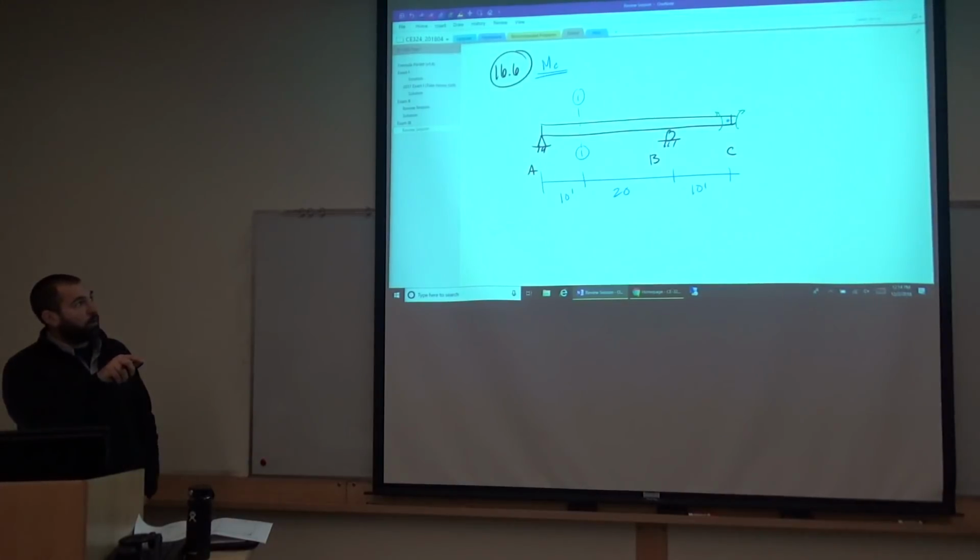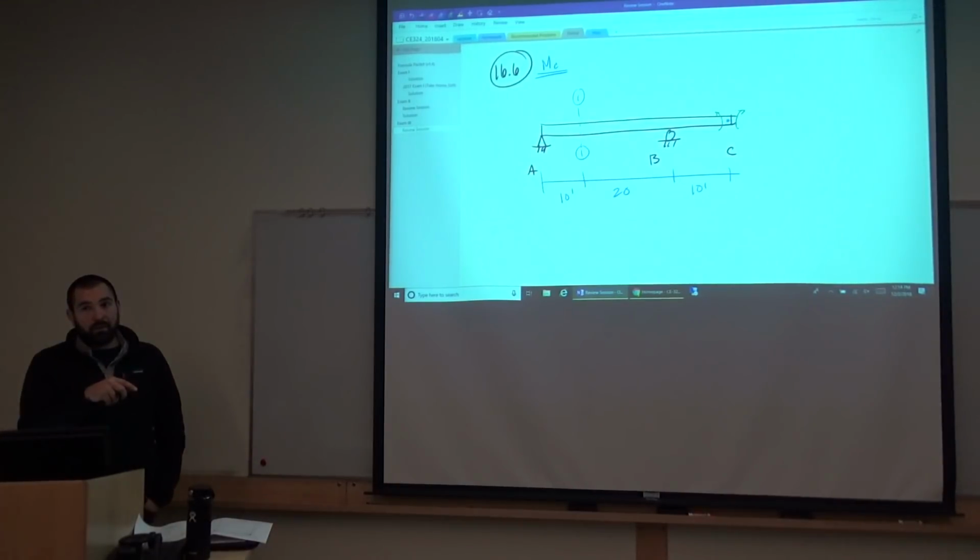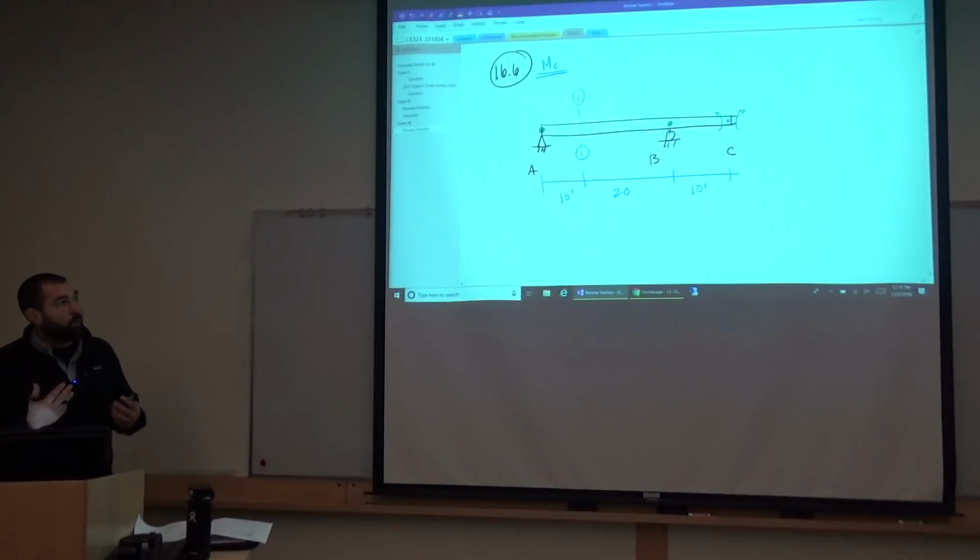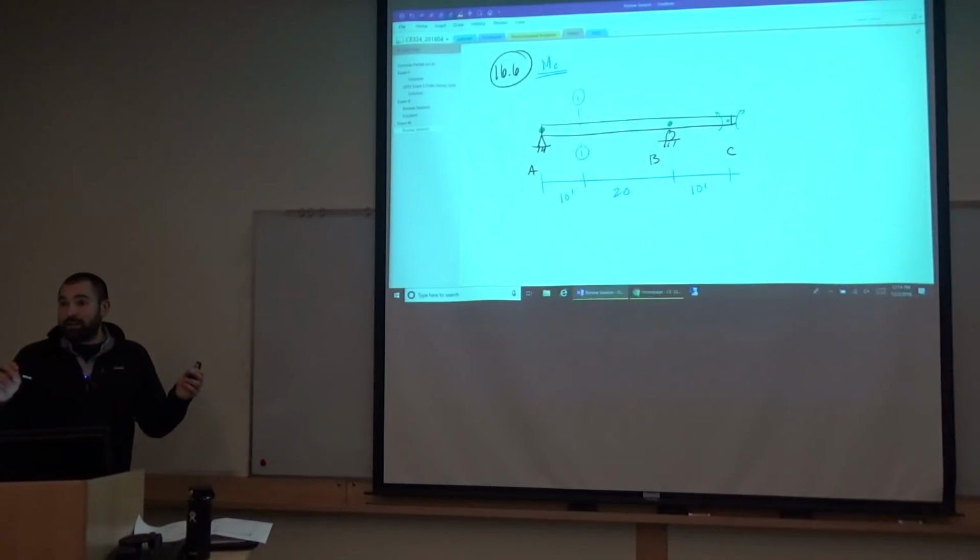So what are the boundary conditions for this beam? Yeah, zero deflection at A because it's a pin, so that's a hard point. That point cannot move. And where else? Yeah, B.